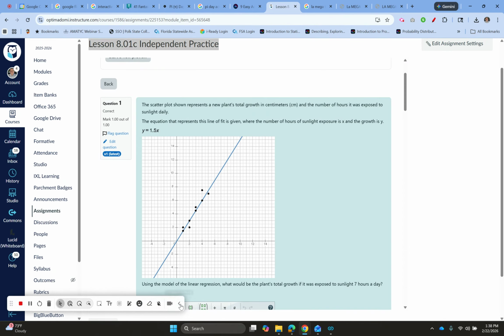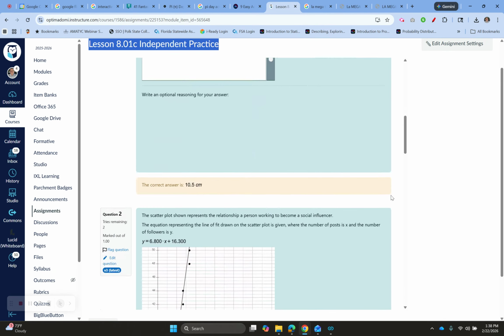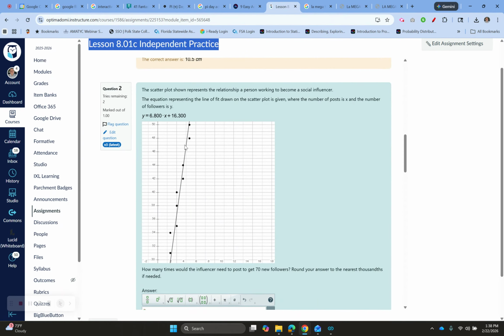So when I do my next problem, which is what I'm going to do next, problem number 2, see this black line is made by this equation. And this scatter plot is about the relationship of a person working to become a social influencer.